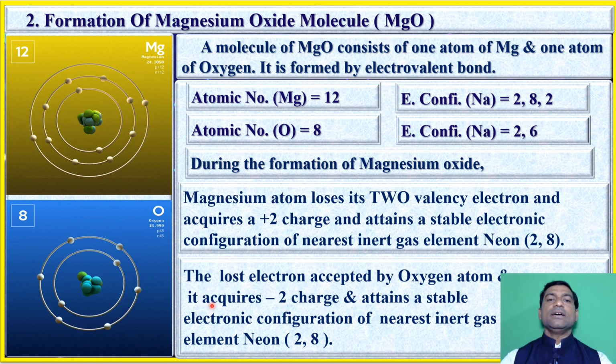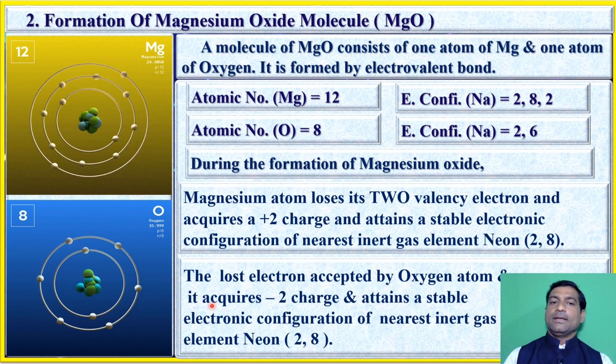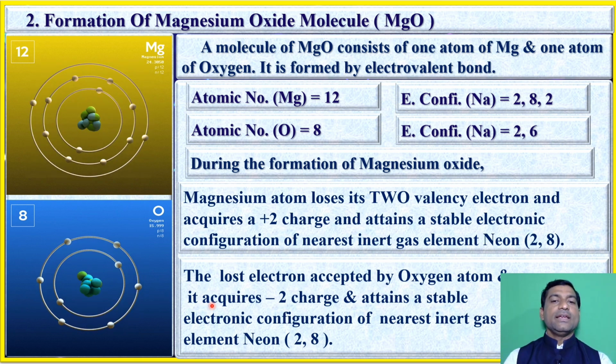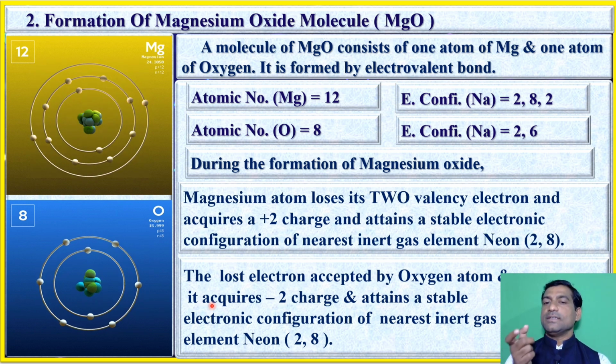Second, the lost electrons are accepted by the oxygen atom. It acquires a di-negative charge and attains the electronic configuration of the nearest inert gas element, that is the neon.